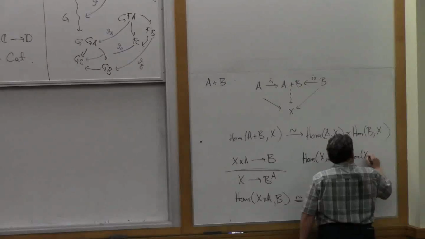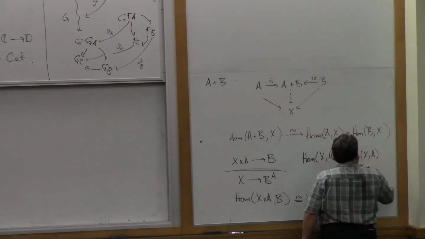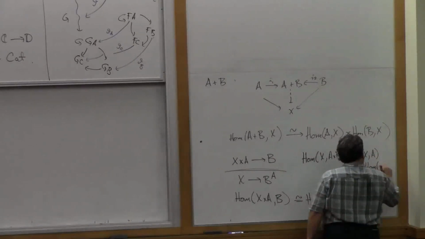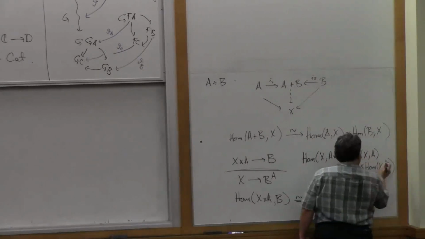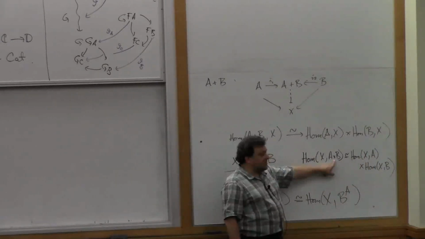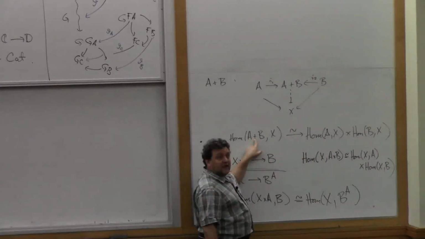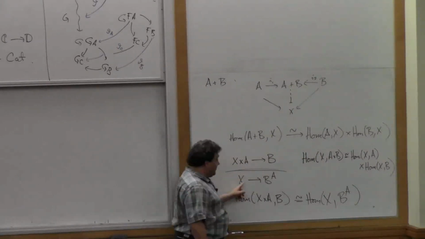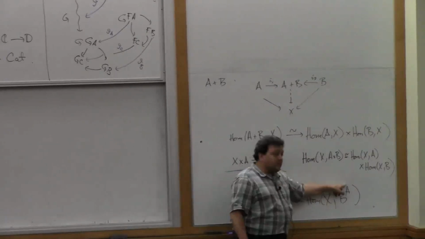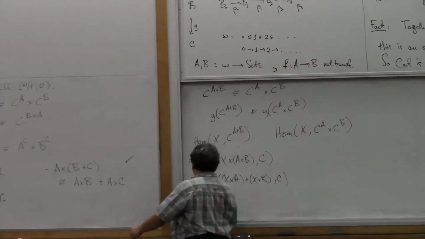Hom, just to record these rules. X a b. That's the rule for products: you can pull a product out on the right in a Hom set. The rule for coproducts says you can pull it out on the left in a Hom set. The rule for exponents says you can transpose up. Okay, so pull this one out.